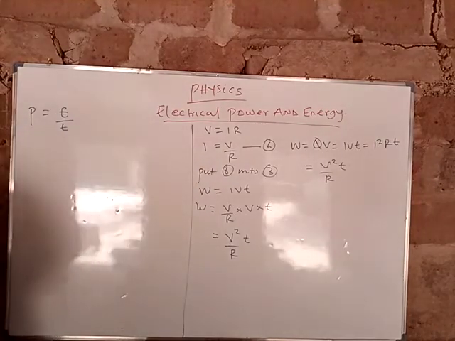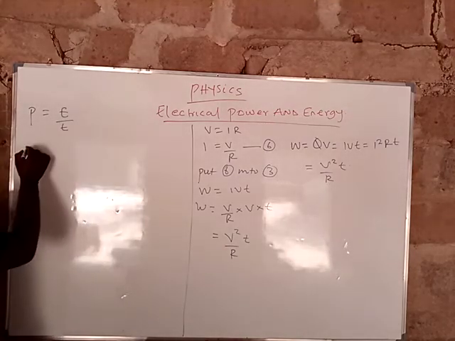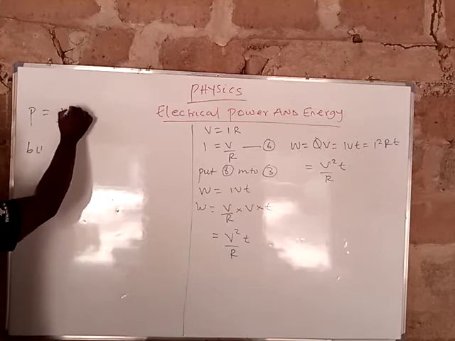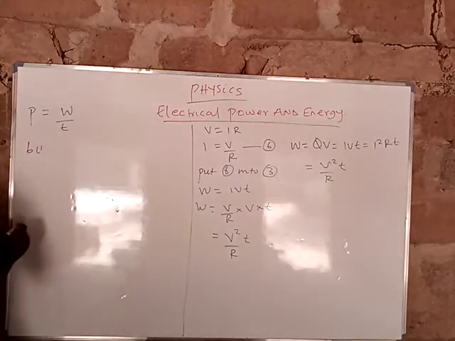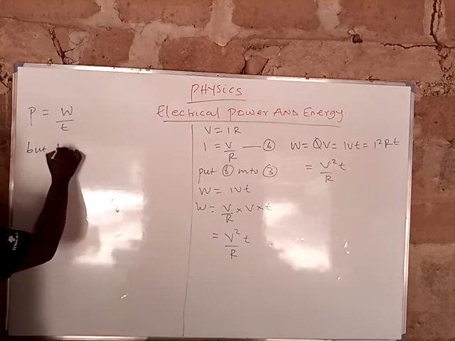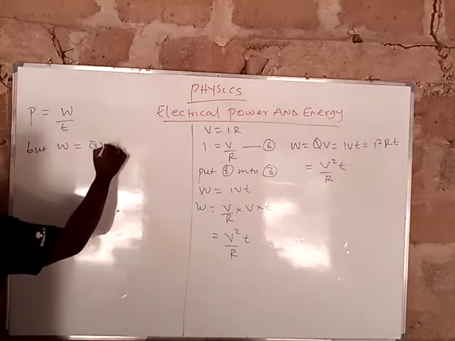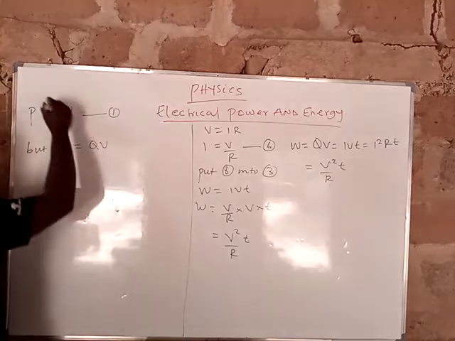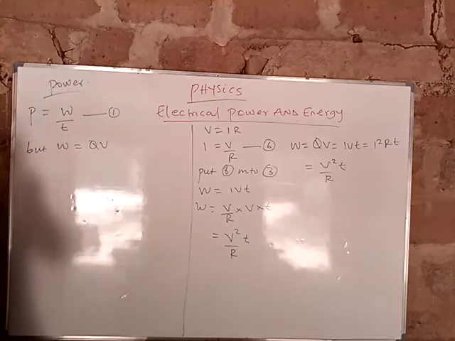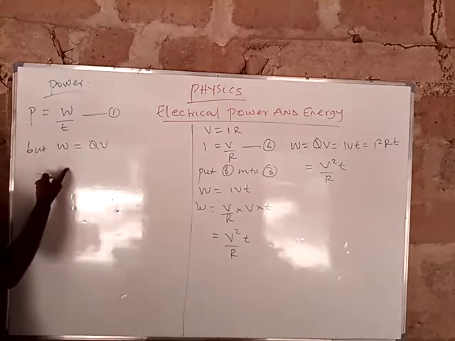Now, I want you to know something. Remember, I proved before that power is energy, electrical energy, all over time. But I have already proved at the beginning of the video that electrical energy is what? QV. This is my equation 1. Remember, I'm talking about power now. We are in electrical power. So electrical energy is Q times what?